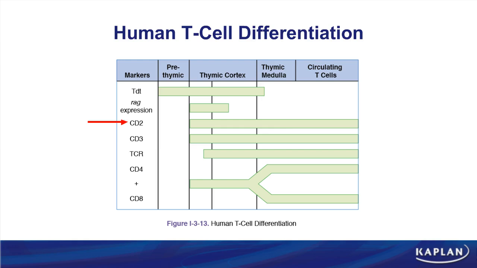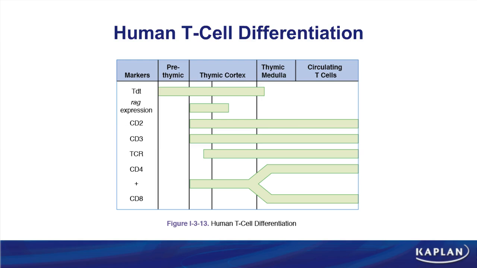Now, I don't want you to get too concerned about CD2. CD2 is an oldie but goldie T cell marker, and it was an adhesion molecule, or still is an adhesion molecule, but for some reason, this is a particular marker that shows up in Q banks. Not on the USMLE, but on Q banks. So we wanted to mention it here so you didn't have that moment of panic that you forgot something.